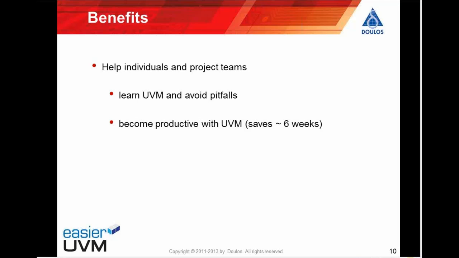Because this code generator implements a complete and running environment. It executes sequences, but it doesn't stimulate the design because it doesn't have any bus function model inside. And the interesting thing, which might be of interest for project managers, is that depending on the size of the design and the number of functional interfaces, we save about 6 weeks of implementation.